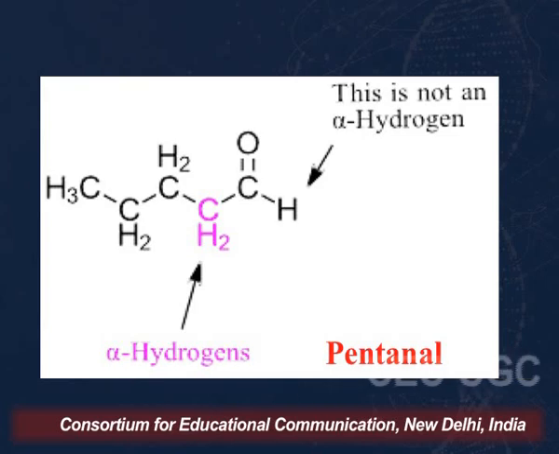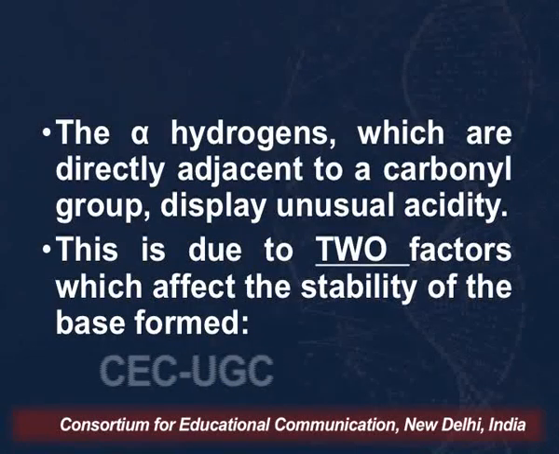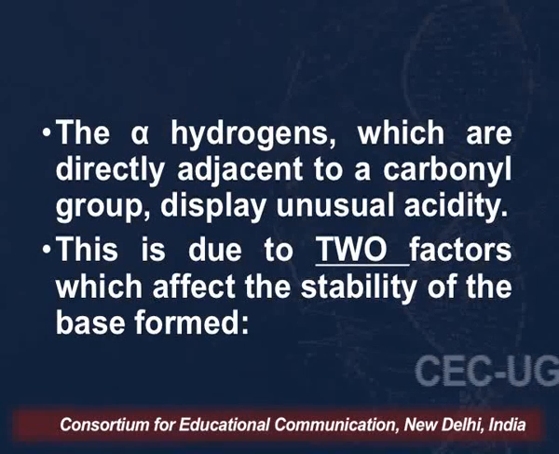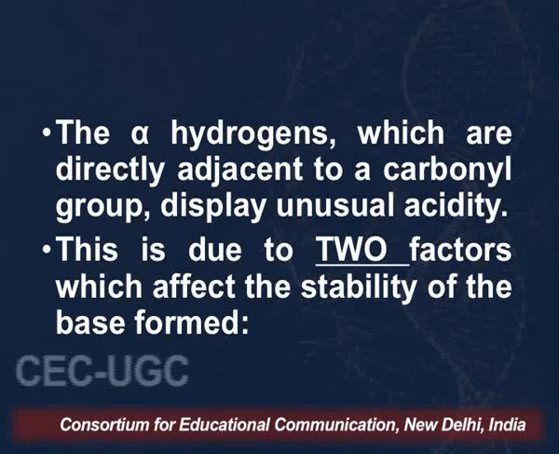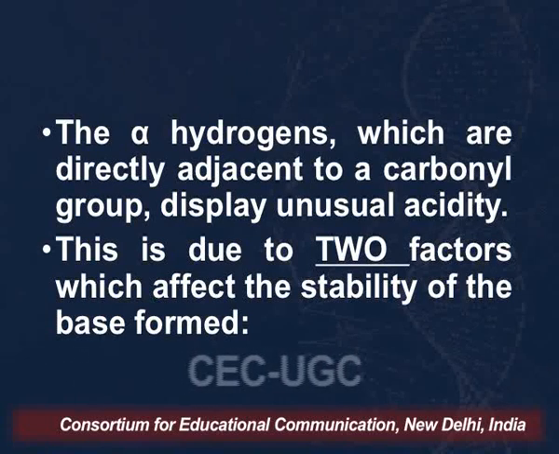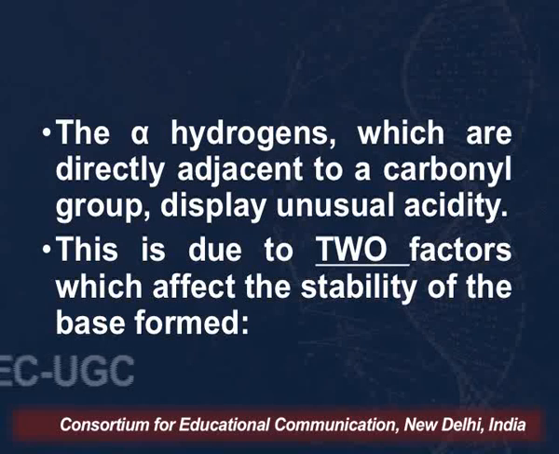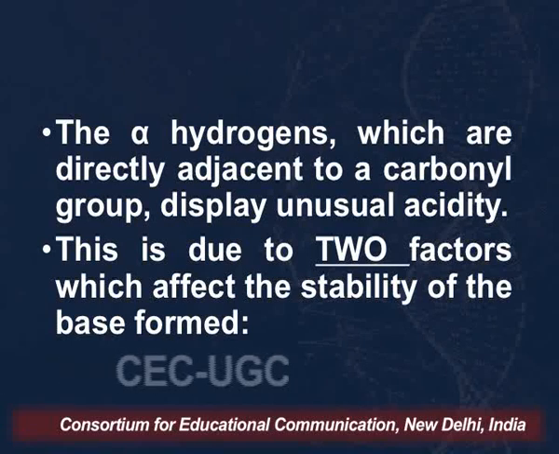What we are interested in here are the alpha hydrogens. So the alpha hydrogens, which are directly attached to a carbonyl group, will display unusual acidity. Now the question arises: why are these hydrogens acidic, whereas the hydrogens of the beta carbon and the gamma carbon are not acidic in nature?